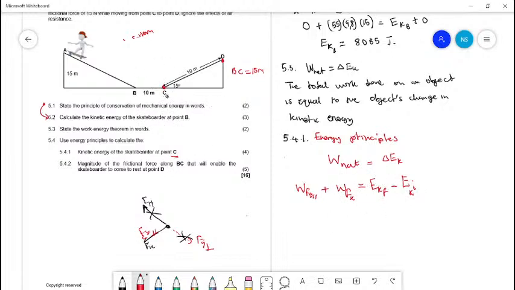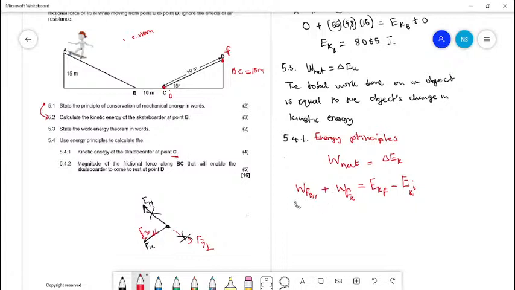So if we consider point CD, point C will be our initial point, and this one will be our final point. So I forgot that we changed the path. So it's CD.